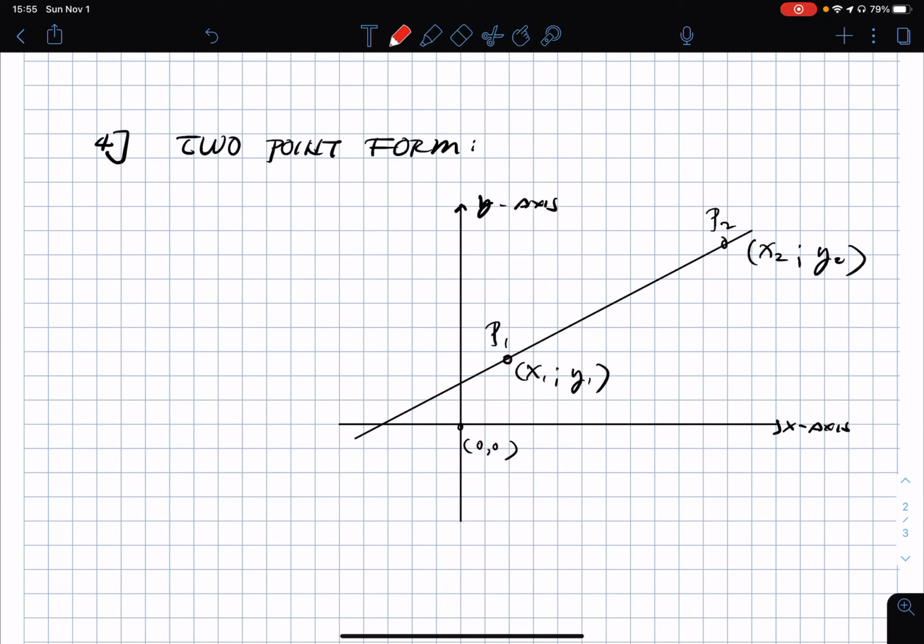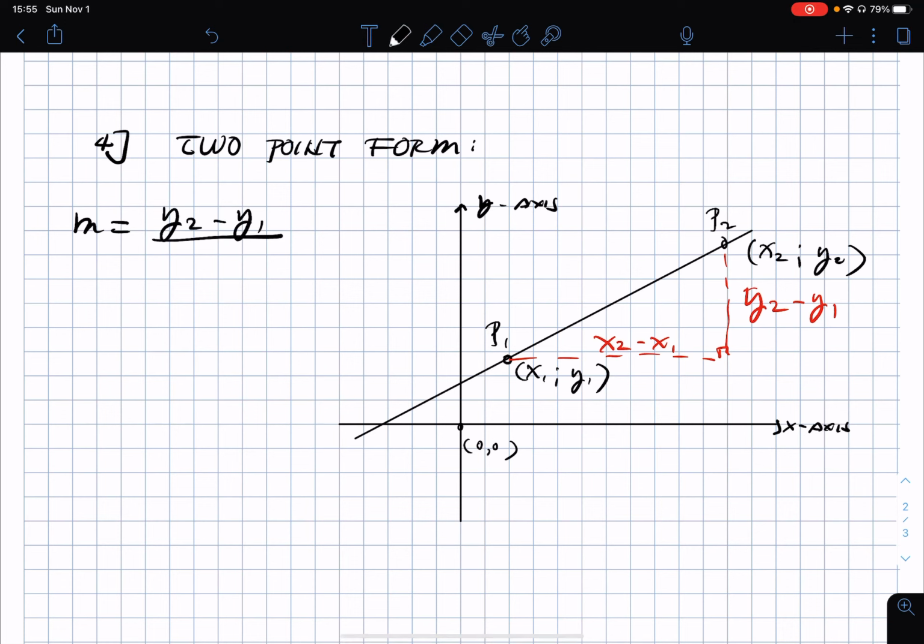Drawing that imaginary triangle, that's your right triangle here. This distance will be y2 minus y1, and this is x2 minus x1. So the slope can be expressed as y2 minus y1, that's your vertical, over x2 minus x1, the horizontal.